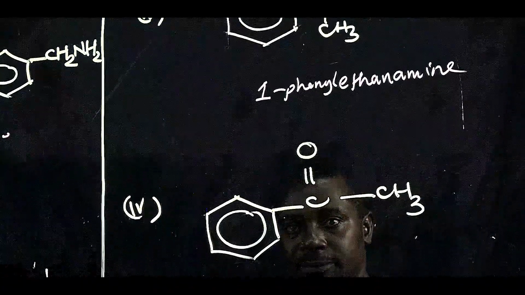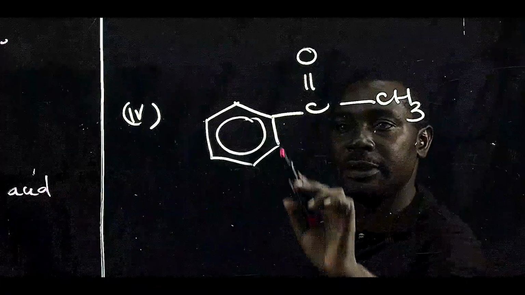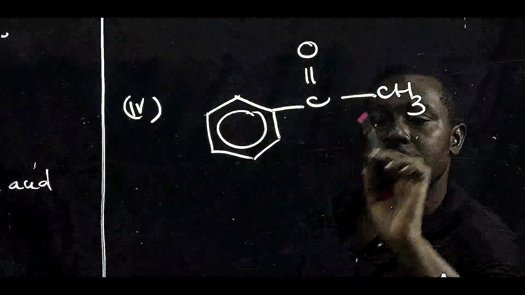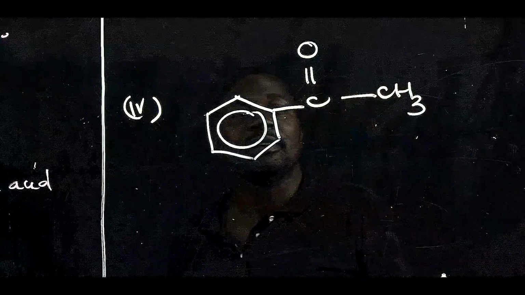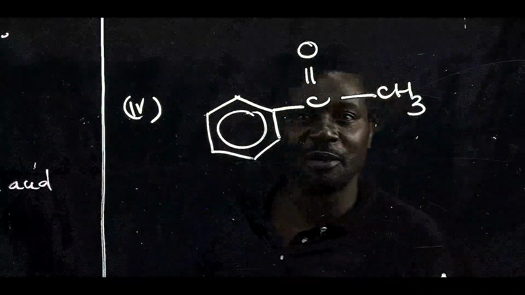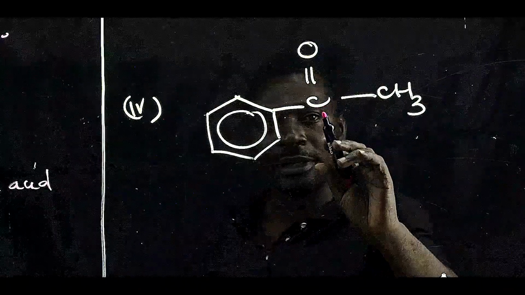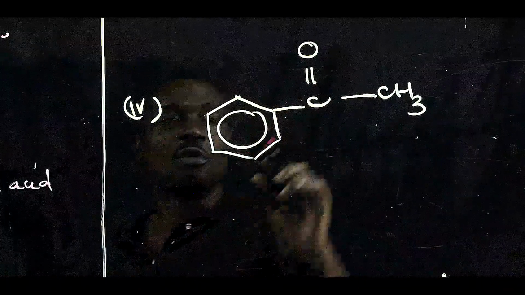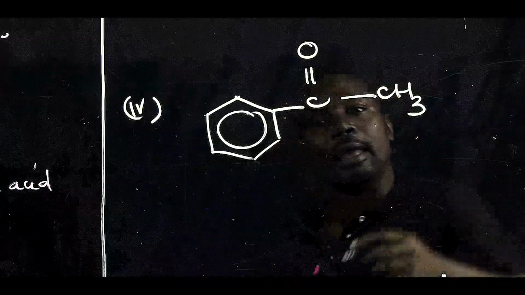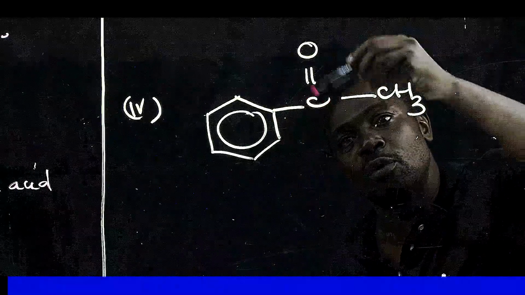For Roman 4, there is a benzene ring and 1 substituent group. This substituent group is found in all the substituent groups of naming benzene. And this is a keto group.